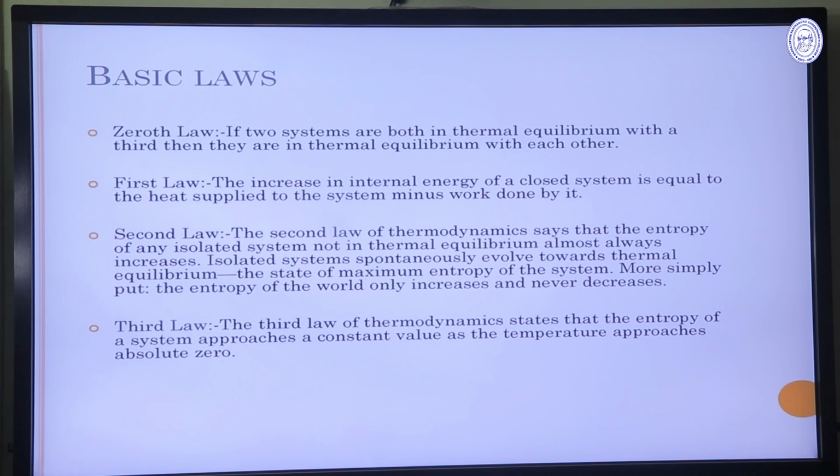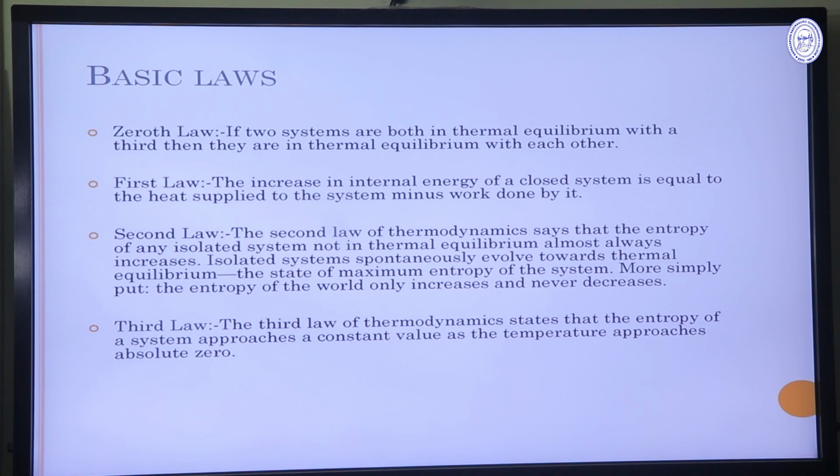I would like to give a very brief introduction about the various laws of thermodynamics, and then I would be going into the details of the different thermodynamic parameters, the zeroth law, first law and the second law, which is included in your syllabus. So the different laws of thermodynamics are the zeroth law, the first law, the second law and the third law of thermodynamics, and this is what we deal with in this portion of thermodynamics.